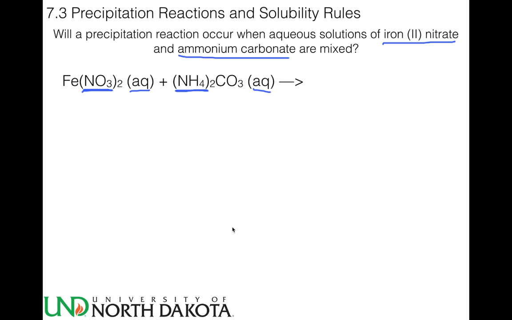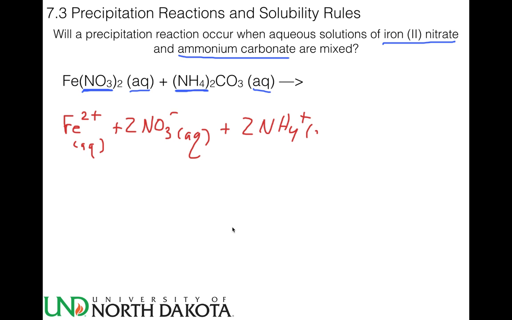So I'm going to split iron 2 nitrate into the iron 2 ion and 2 nitrate ions. And I'm going to split ammonium carbonate into 2 NH4 plus and CO3 2 minus.